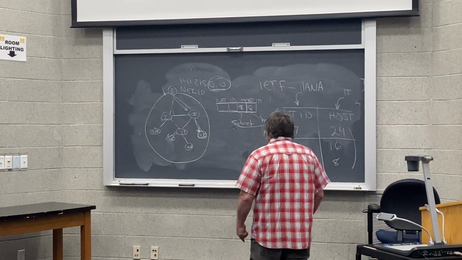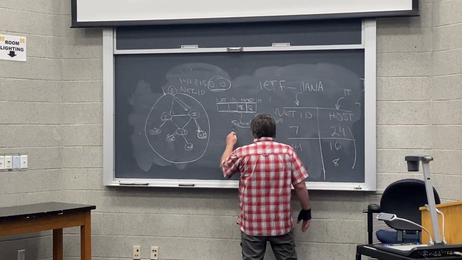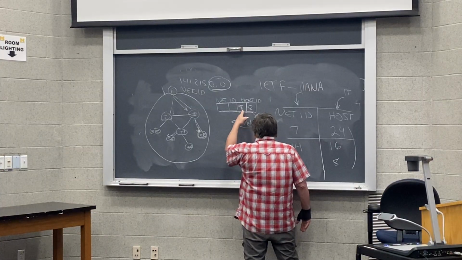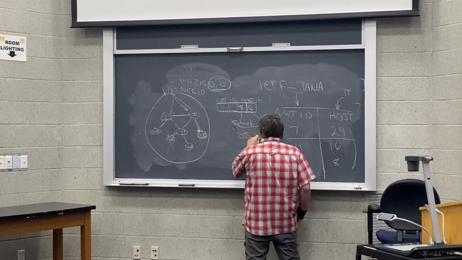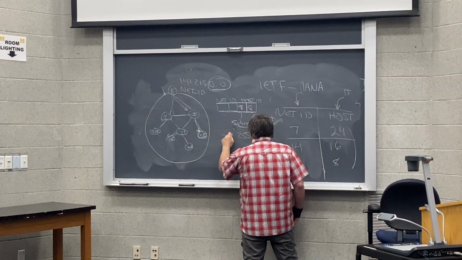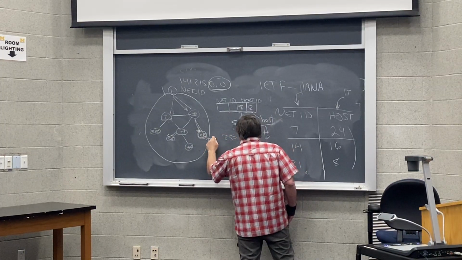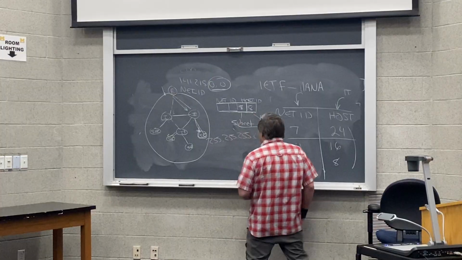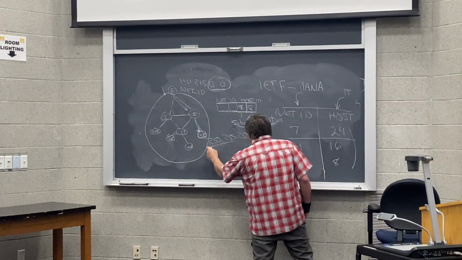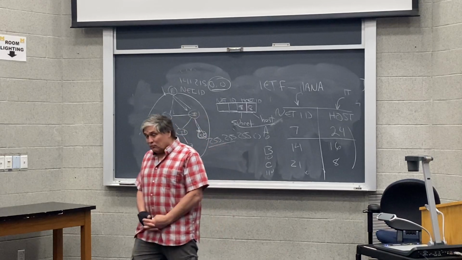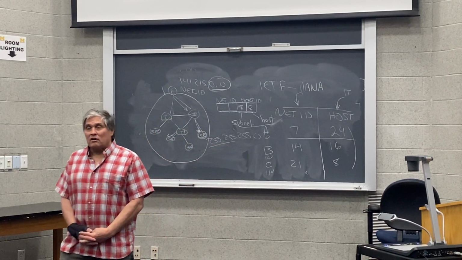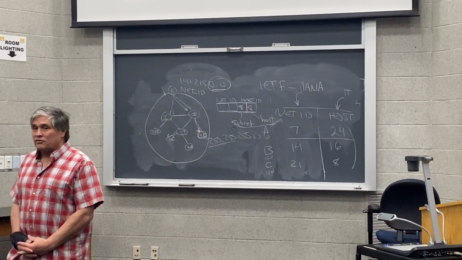The reason we know in U of M Dearborn that it's an 8-bit subnet is because the subnet mask is 255.255.255.0. The mask is used, you AND it with the IP address, to get rid of the part of the IP address you're not interested in.